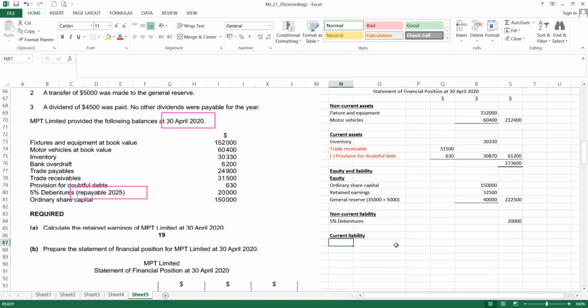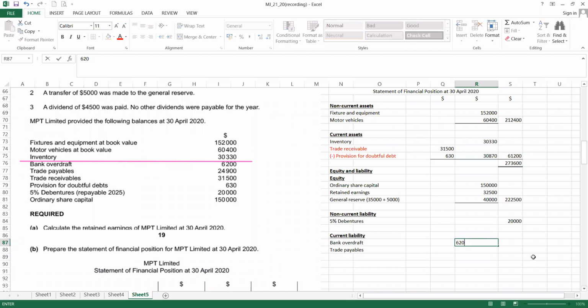Okay, now next, current liability. Current liability is bank overdraft and then trade payable. Okay, so these two items. So bank overdraft, let's see one more time, the line. Just make sure that the item is correct. Bank overdraft is 6,200.